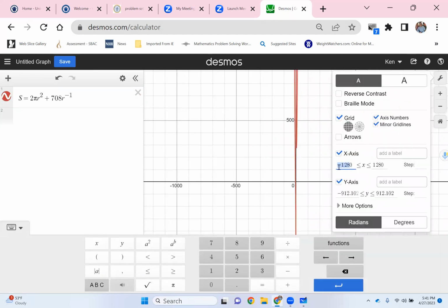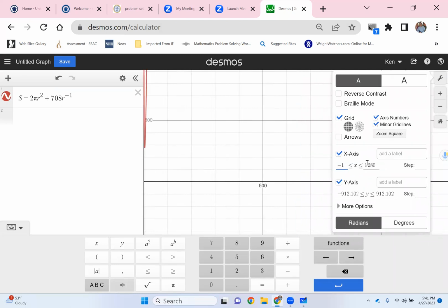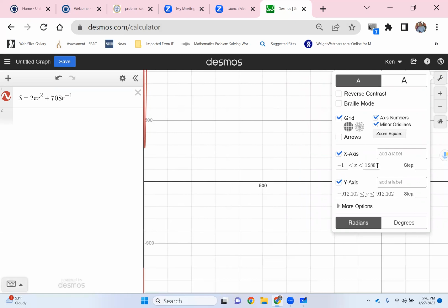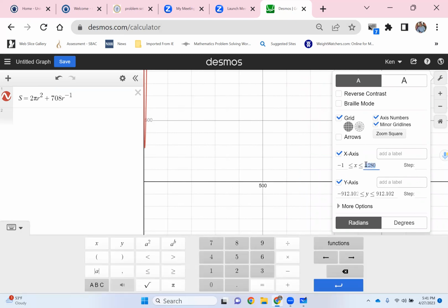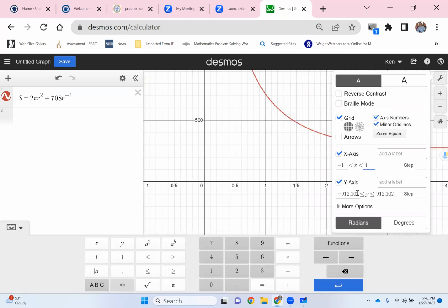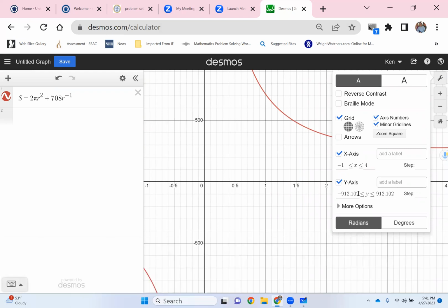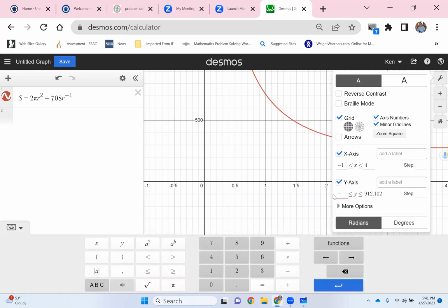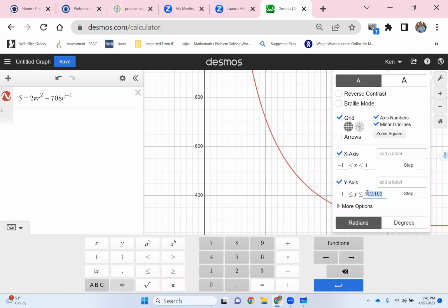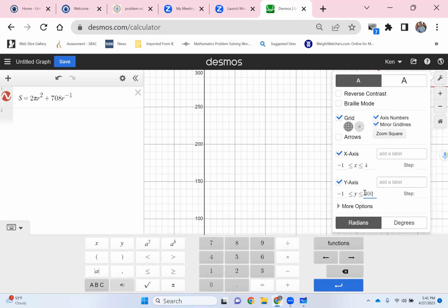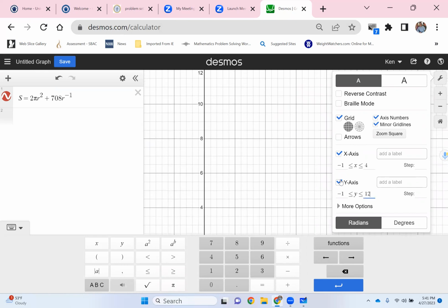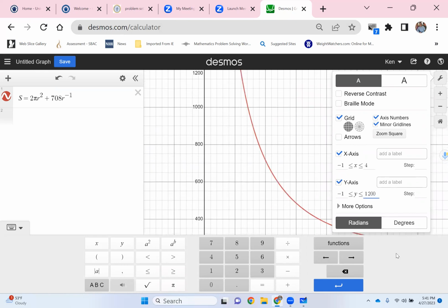So -1 to 4, and then -1 to 300. Let's say 1200. Okay, better.